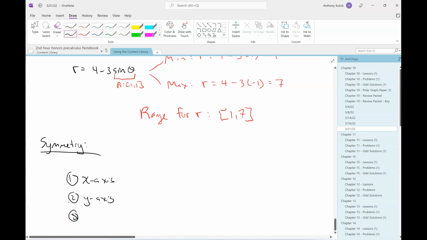And then do you remember the other one? We'll call it alpha degree point symmetry with respect to 0, 0. So it's rotational about the origin.